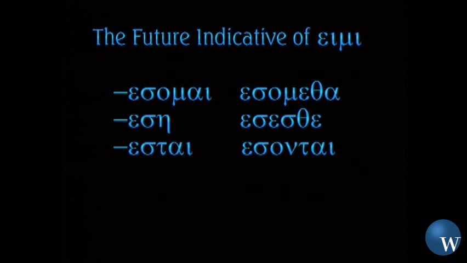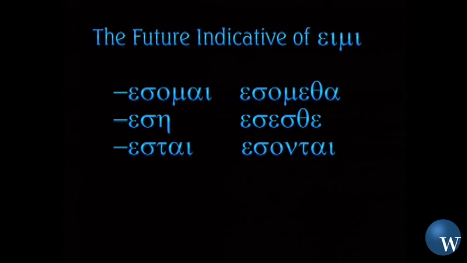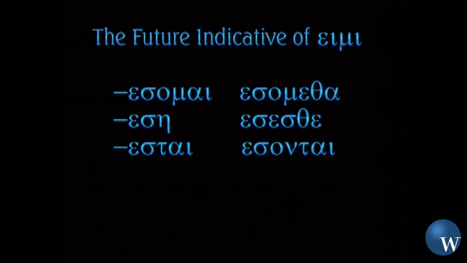And remember that we learned that form in the present. Here is the future indicative of eimi: esomai, esei, estai, esometha, esesthe, esontai. It's important to say these now. Okay?